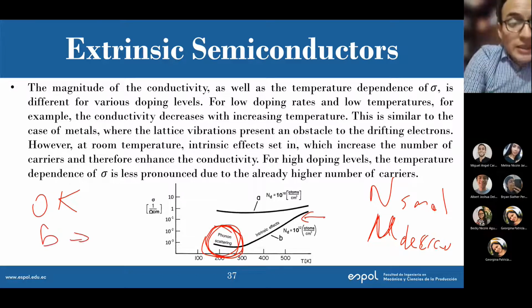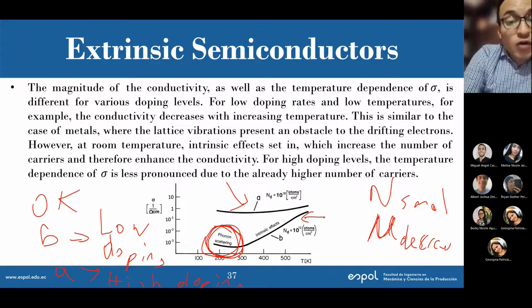Curve B is low doping rate. Curve A, the above curve, is high doping rate. So for low doping rate and low temperature, yes, I will have a decrease in my conductivity. But as soon as I reach around room temperature, so around 300 Kelvin, intrinsic effects start setting in. Because I'm giving so much energy to electrons, they can start moving a lot and jumping into the conduction band.